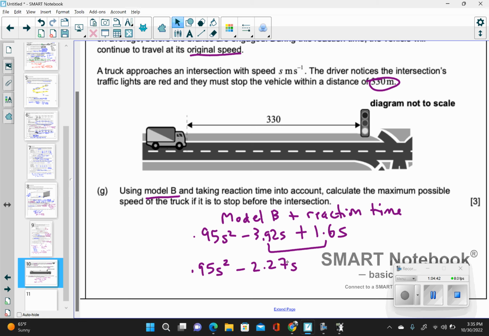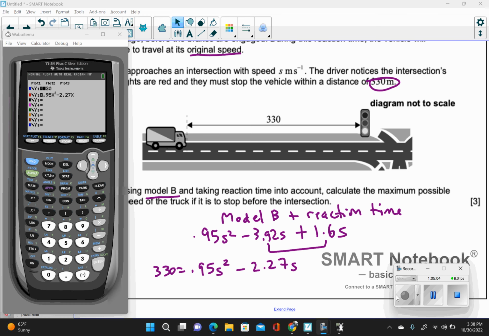And now they're asking us to find, they must stop the vehicle within the distance of 330. So the distance is going to equal 330, so we put the 330 there. And then you can use the calculator to tell us what the answer for this is. So let me show you how to do that.